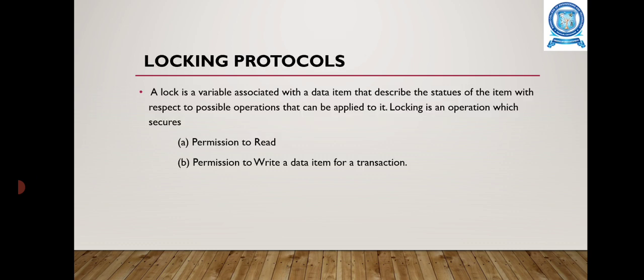Locking protocols. A lock is a variable associated with a data item that describes the status of the item with respect to the possible operations that can be applied to it. Locking is an operation which secures permission to read or write a data item for a transaction.